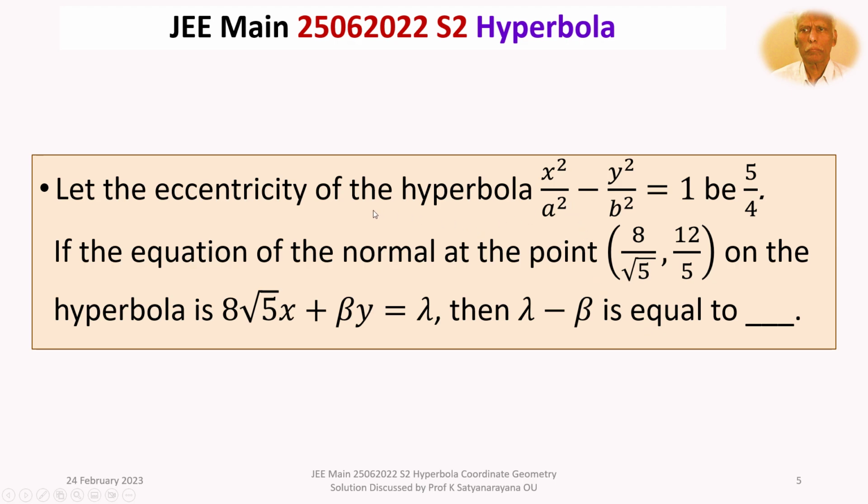It is given the eccentricity of this hyperbola, x square by a square minus y square by b square is equal to 1, is 5 by 4. It is further given the normal at this point 8 by root 5, 12 by 5 on this given hyperbola is 8 root 5 x plus beta y is equal to lambda.